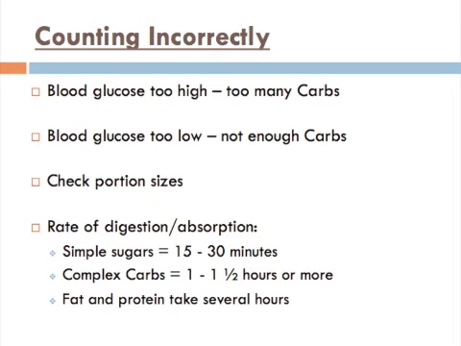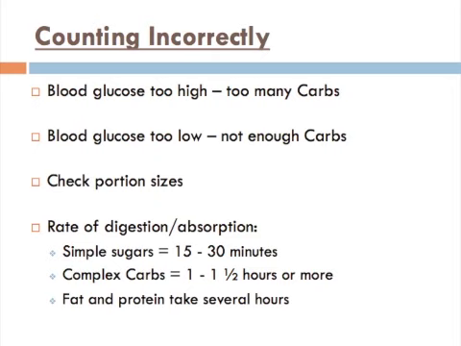Also, the rate of digestion or absorption of certain carbohydrates does make a difference. Simple sugars, such as those found in sugar-sweetened beverages, are digested and absorbed in 15 to 30 minutes. Well, a rapid-acting insulin doesn't peak until it's been in the body for about an hour, whereas complex carbohydrates take 1 to 1.5 hours or more to digest and absorb.